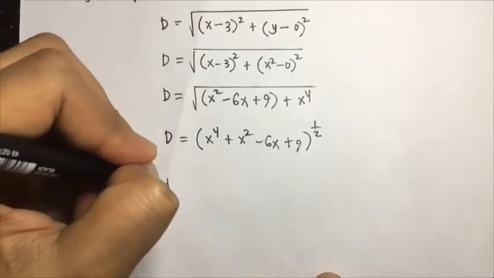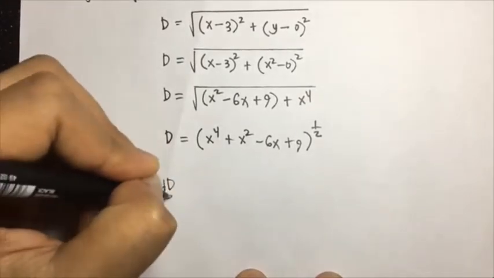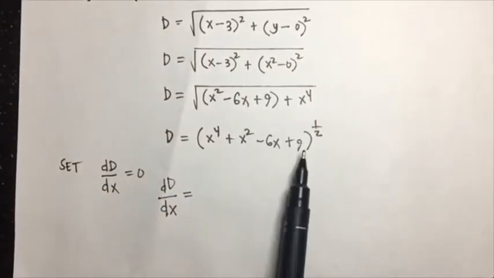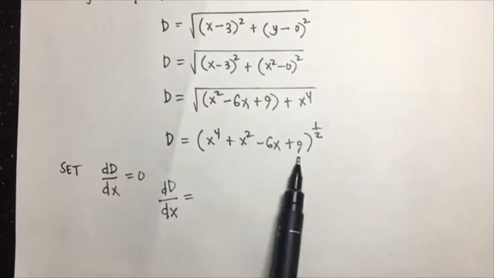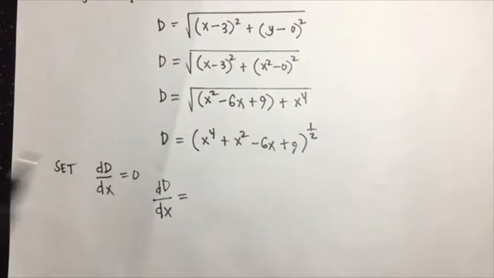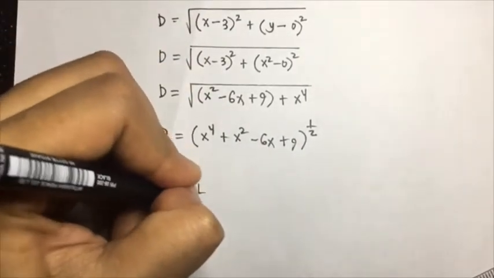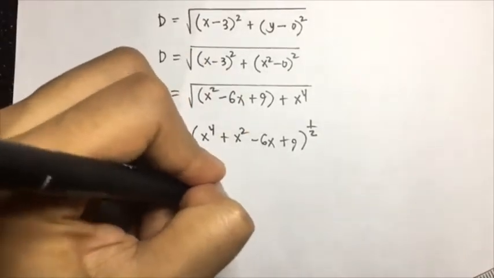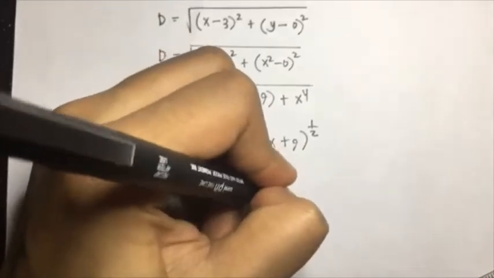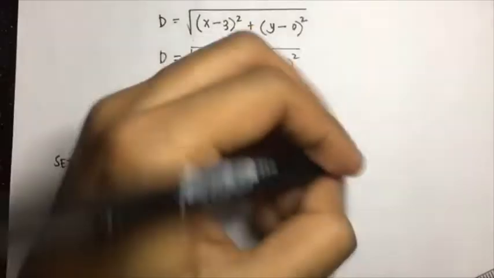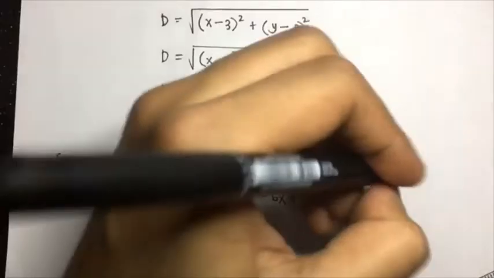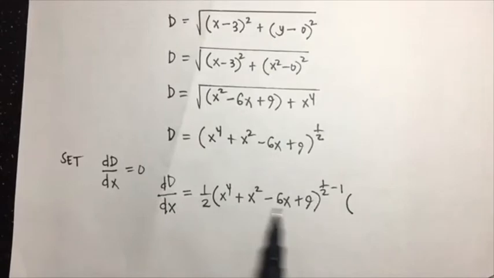So deriving first, the derivative of d with respect to x is equal to, we will be using the general power formula, where this whole expression is our u and this is our n. By the general power formula, this will be 1/2 times (x to the 4th plus x squared minus 6x plus 9) raised to 1/2 minus 1, multiplied by the derivative of this.